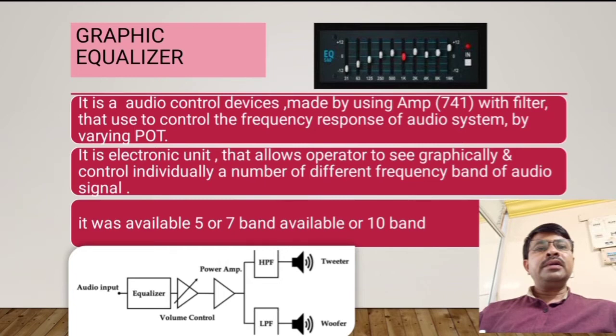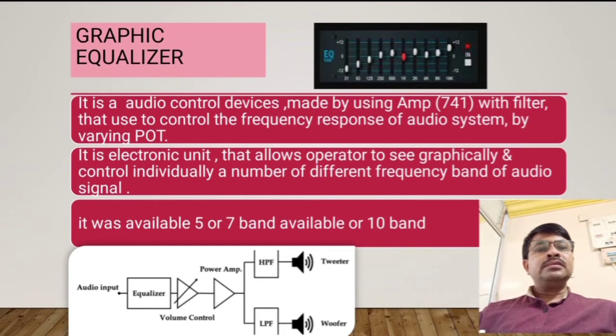In other words, it is an electronic unit made of amplifiers and filter circuits that allows the user or operator to see graphically and control individually a number of different frequency bands of audio signals.